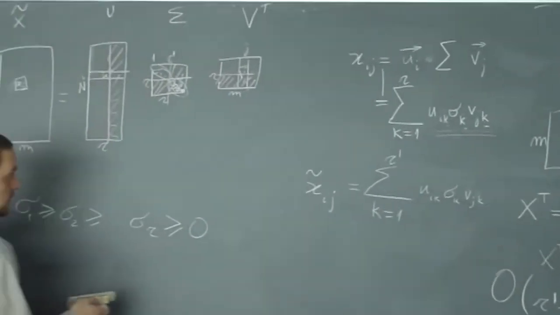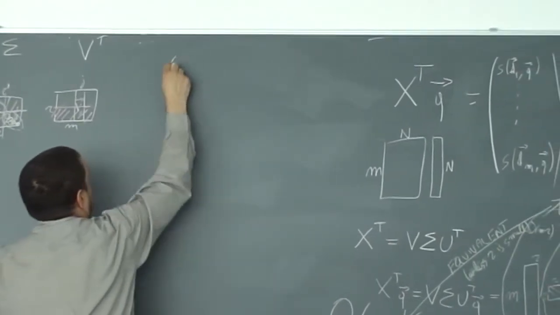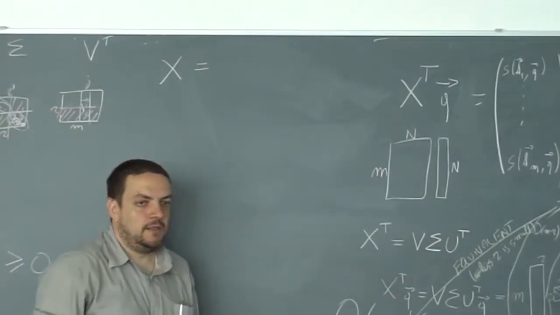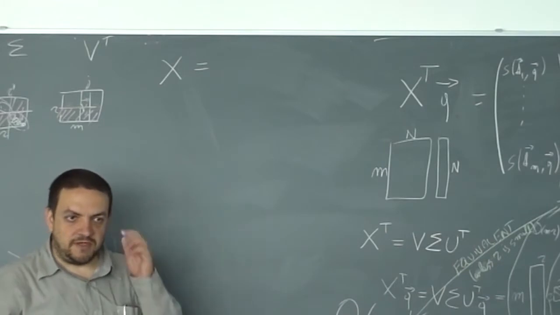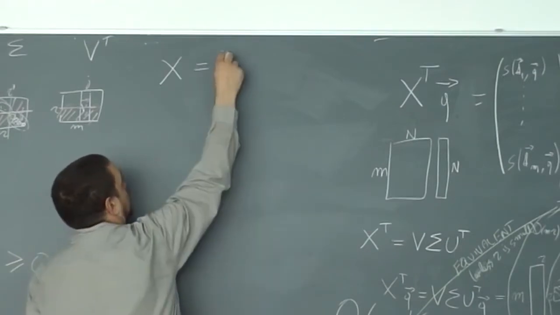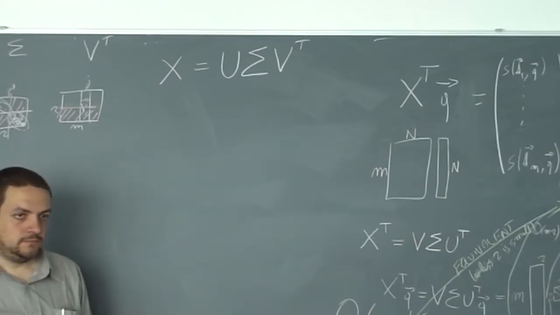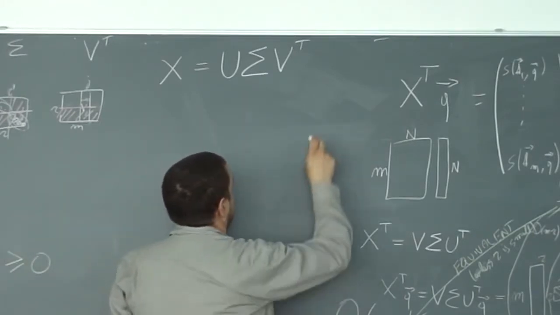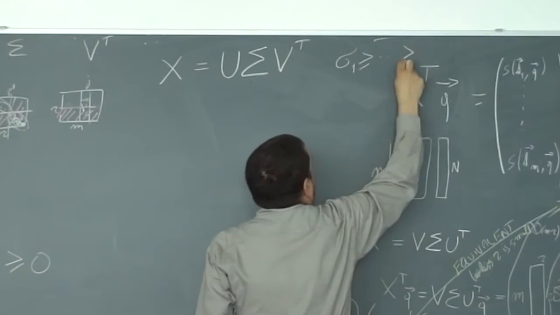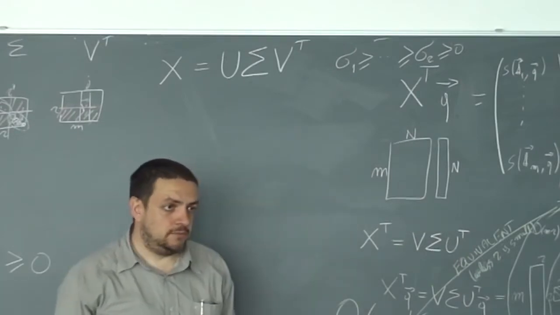In practice, things work like this. You start with the matrix X. You take the SVD, singular value decomposition of X. From this singular value decomposition, you know that these values are in decreasing order.